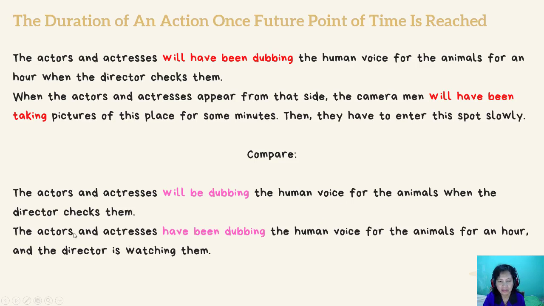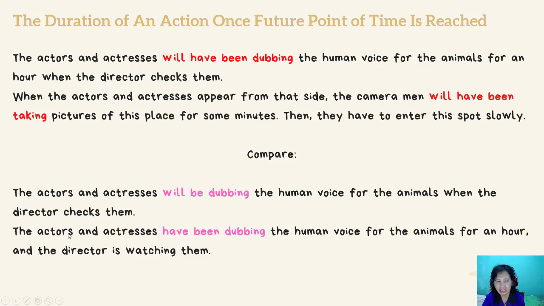I hope that you still remember about present perfect continuous. Like this. The actors and actresses have been dubbing the human voice for the animals for an hour. And the director is watching them. Again, there is no point of time in the future. So it is now.